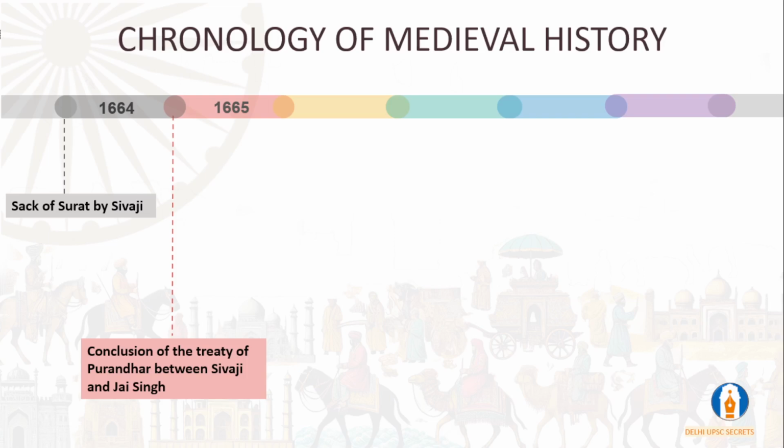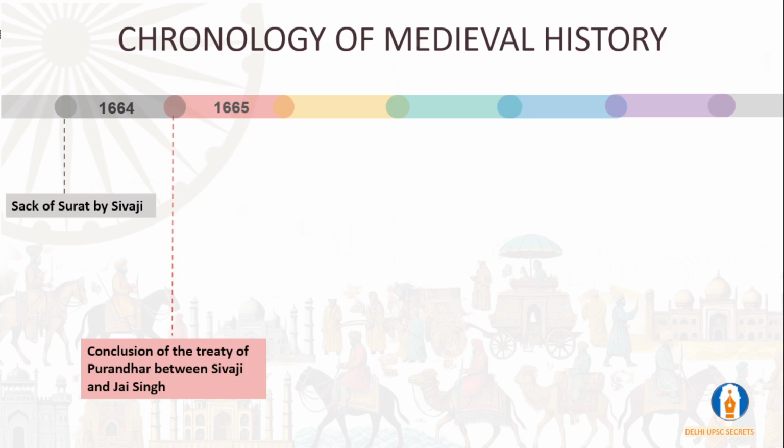Shivaji Maharaj is one of the important rulers of the Maratha region. Shivaji Maharaj conquers north and south Konkan from the Mughal viceroys of the Deccan, and many more people. He was the first to sack Surat, Shivaji Maharaj.